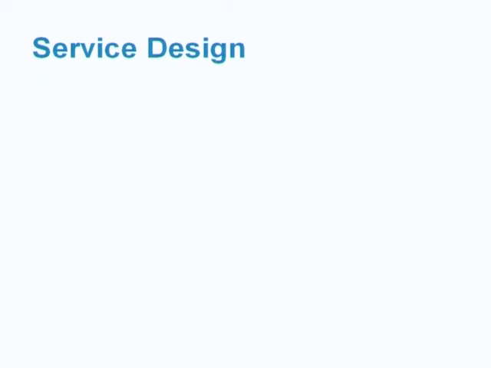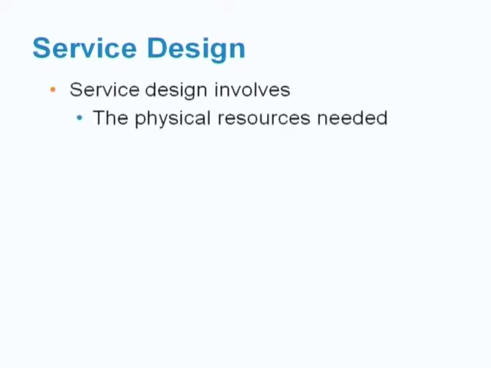For service design, when we design services, the designer needs to consider 4 things. Number 1, physical resources needed. For example, if we design a hospital business, we need to consider the physical resources like the hospital building itself.